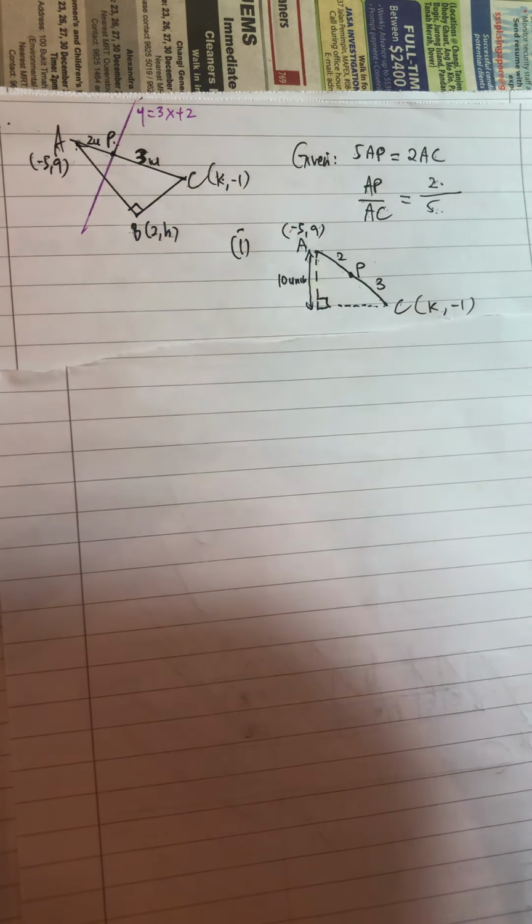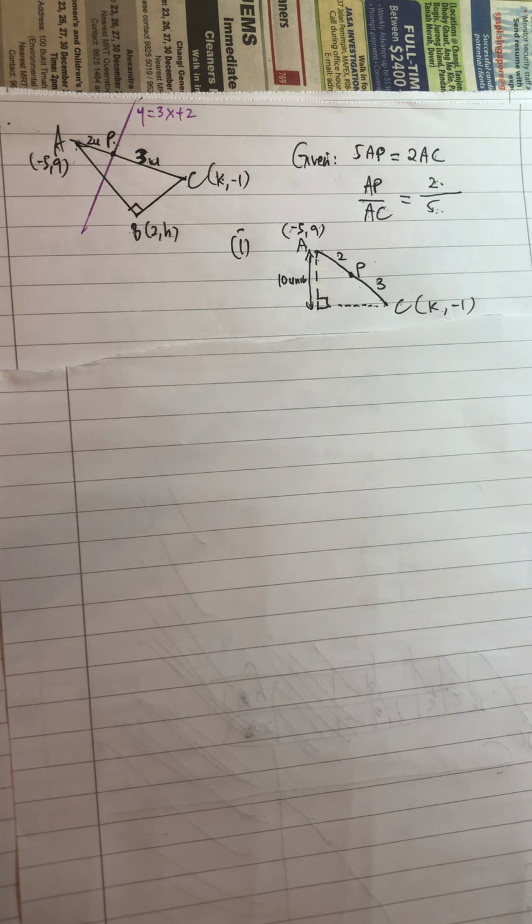Okay, stop here, then I draw another horizontal line here. Why am I doing that? Because I know that this is 2, this is 3. Now use common sense. There is one small triangle here and one big triangle here, okay? Now, if this is 2 units and this is 3 units, what does it mean?